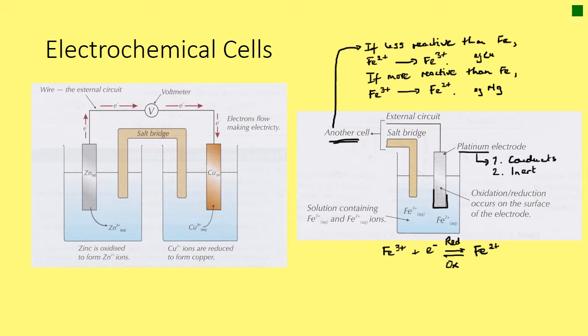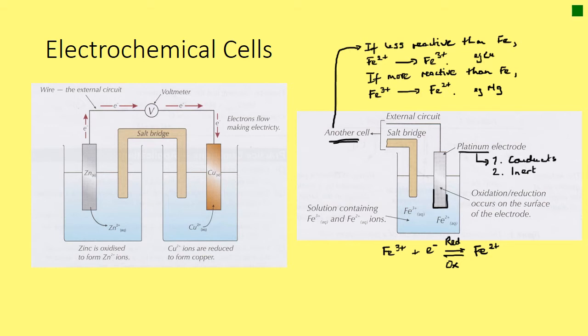So an example of a less reactive metal than iron would be copper. And an example of a more reactive metal than iron would be magnesium. Right, so if we had copper, you would get Fe2+ changing into Fe3+, and if we had the other cell made up of magnesium, then you'd have Fe3+ changing into Fe2+.